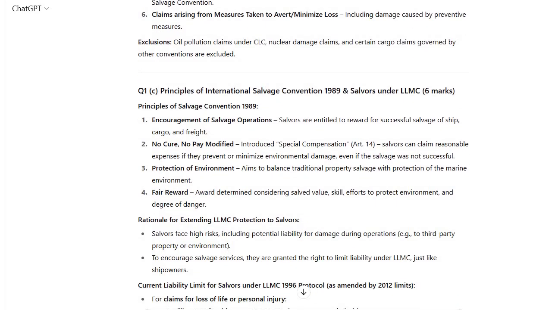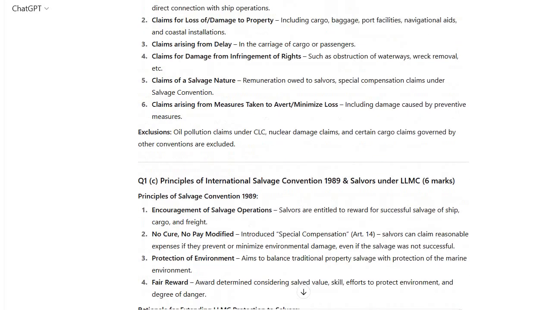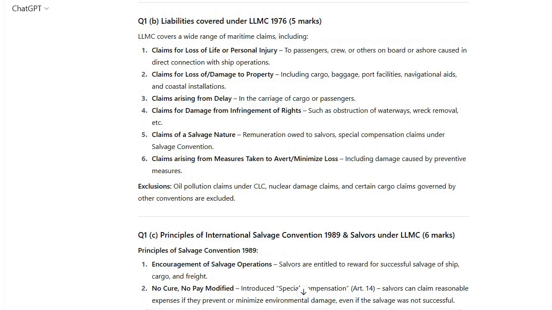Right. Let's go through this again. LLMC covers a wide range of maritime claims. You will see that loss of life and personal injuries are covered by LLMC. Claims for loss of or damage to property like baggage, port facility, navigation aids, coastal installation, like a vessel goes and hits some coastal installation. The damage to the property is taken care of by LLMC. Claims arising from delay.